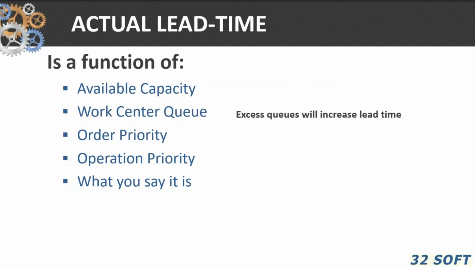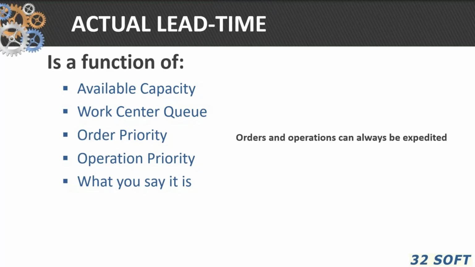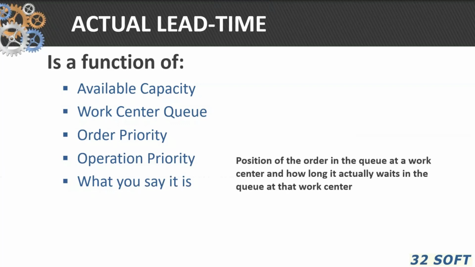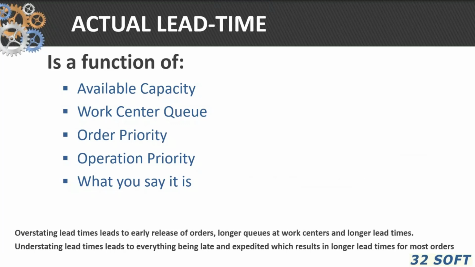It's also a function of that work order queue that we talked about. It's a function of the priority of both the operations and the order priorities. It's the position in the queue that the particular work order or item has, and whether you expedite or not.